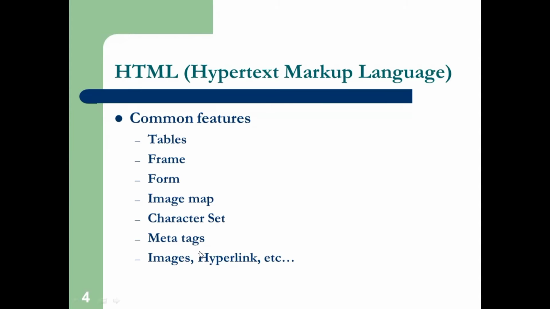This is called search engine optimization, another field where you promote your page so that it comes up in the Google search or MSN search or Bing search. So meta tags describe everything that your website includes.